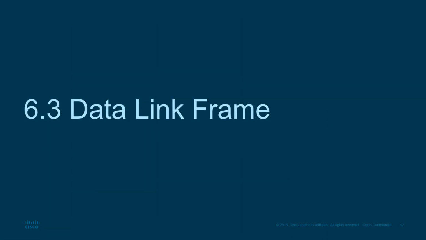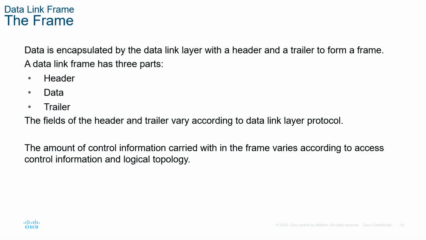Moving on is our data link frame. Again, the unit at the data link layer is called a frame. Frames are generally made up of three areas: the header, the data, and the trailer. The data is actually the layer 3 packet. But all frames have these three main areas. And each specific layer 2 technology will have a frame for their technology.